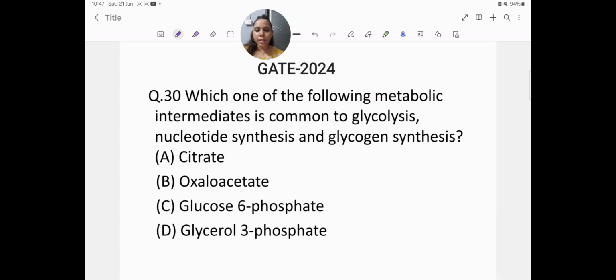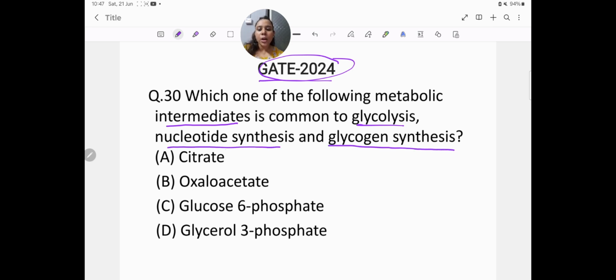My next question from GATE 2024: which one of the following metabolic intermediates is common for glycolysis, nucleotide synthesis and glycogen synthesis?